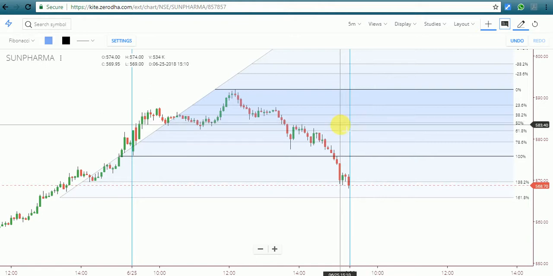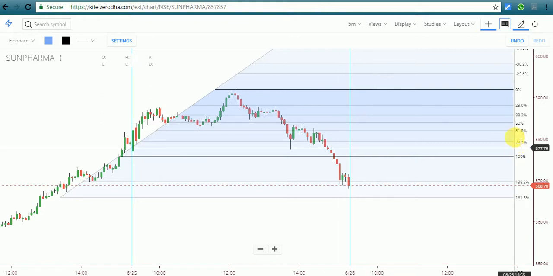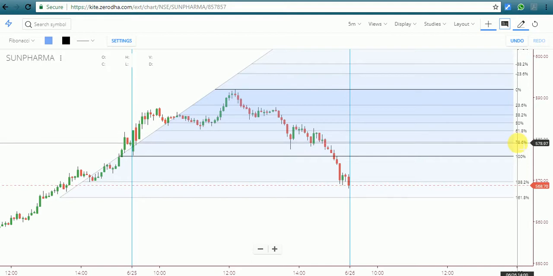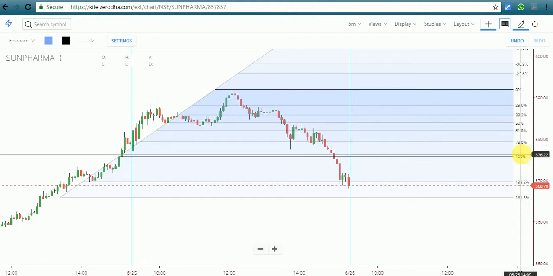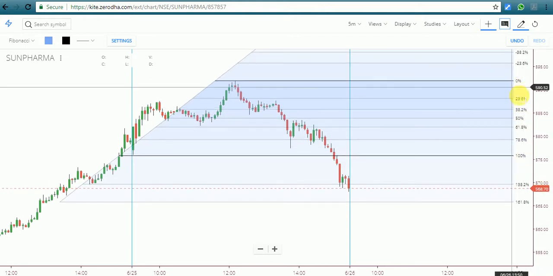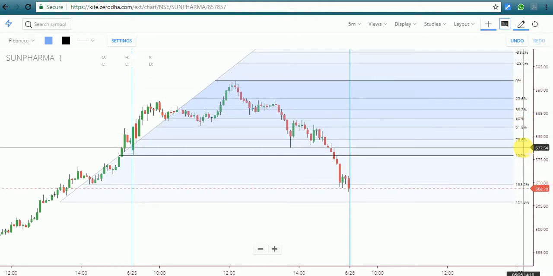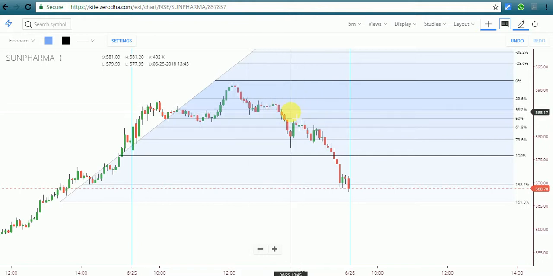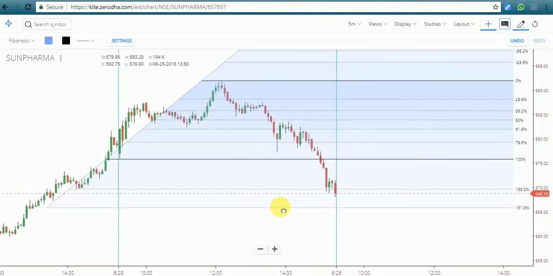So you will understand. Based on that, you have to choose yourself which levels you like most, which as per your prediction work well. You don't choose all the levels, because the market will respect all the levels.